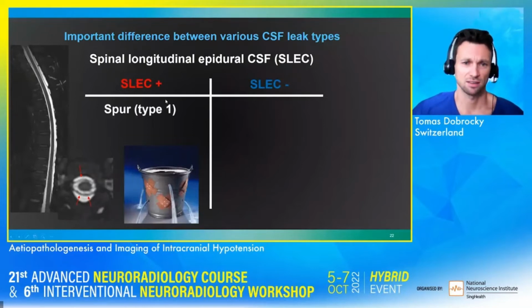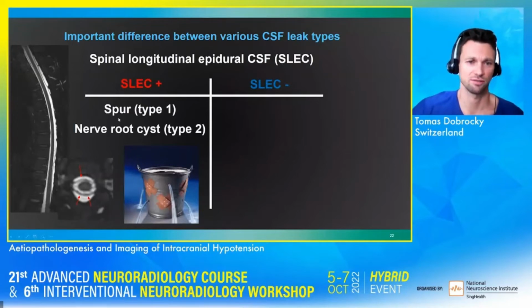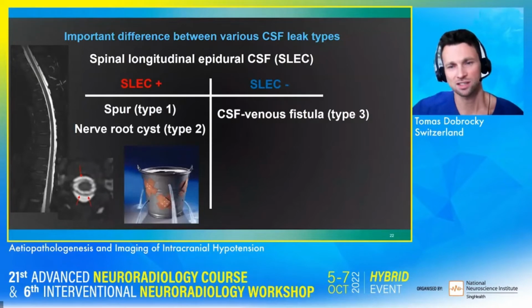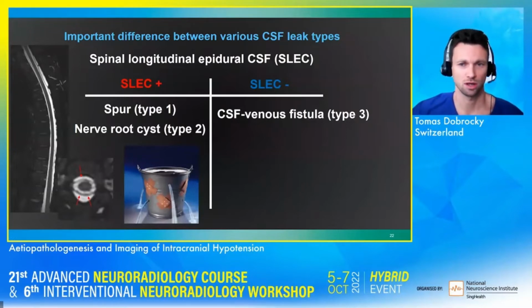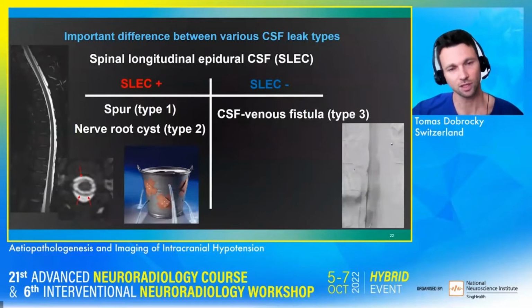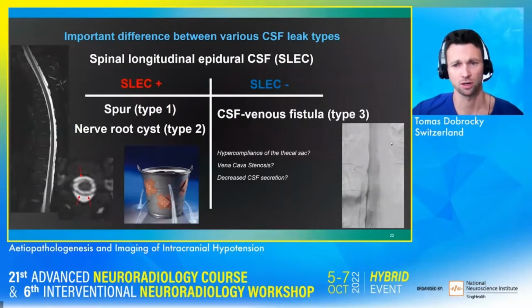If there is SLEC, if they are SLEC positive, we're looking for a spur or a CSF root cyst that has ruptured, because there is always liquid in the epidural space. Whereas in patients with a CSF venous fistula, there's efflux of CSF into a vein, and there's no epidural CSF, so they are SLEC negative. So this is very important to distinguish for the later diagnostic workup.